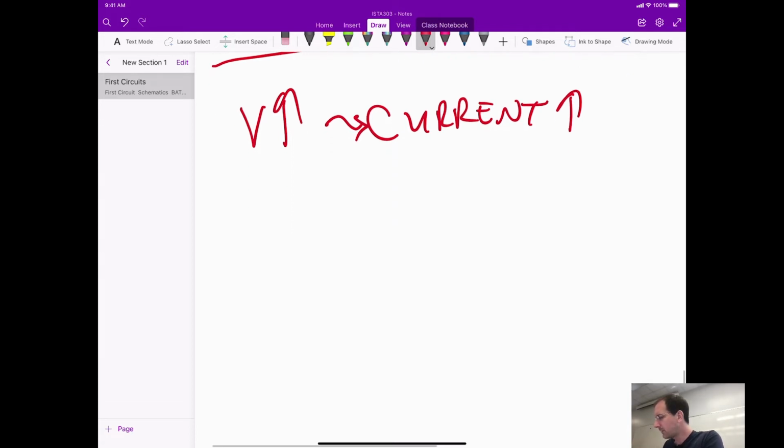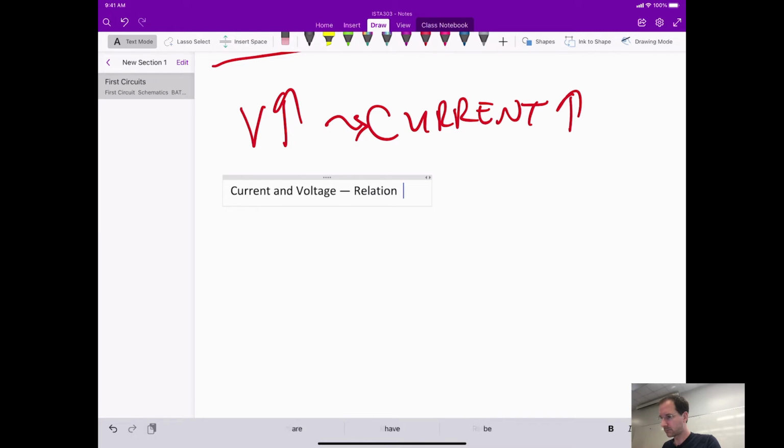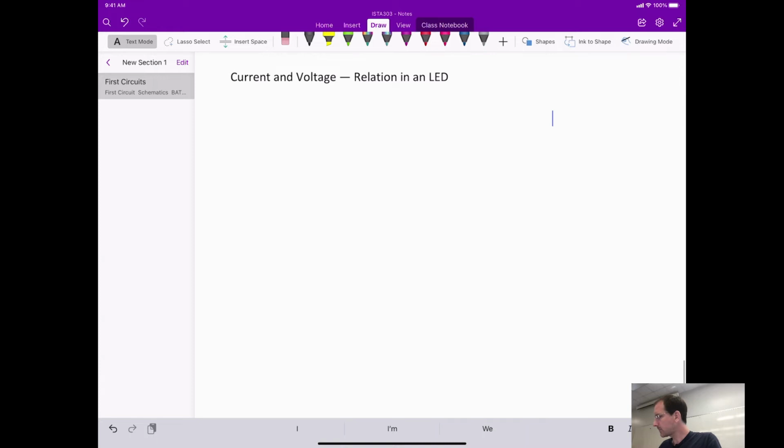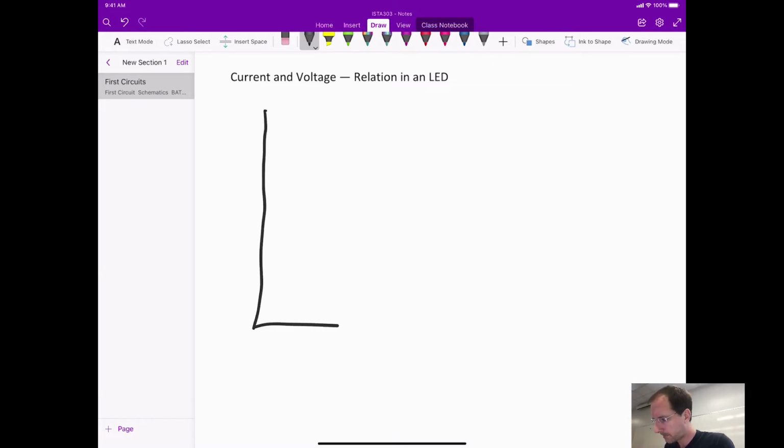So then the question is, how do current and voltage relate? And I like to look at this in the context of an LED. So how on earth do current and voltage relate? I'm going to draw us a graph here. And on one axis of the graph is going to be the current.